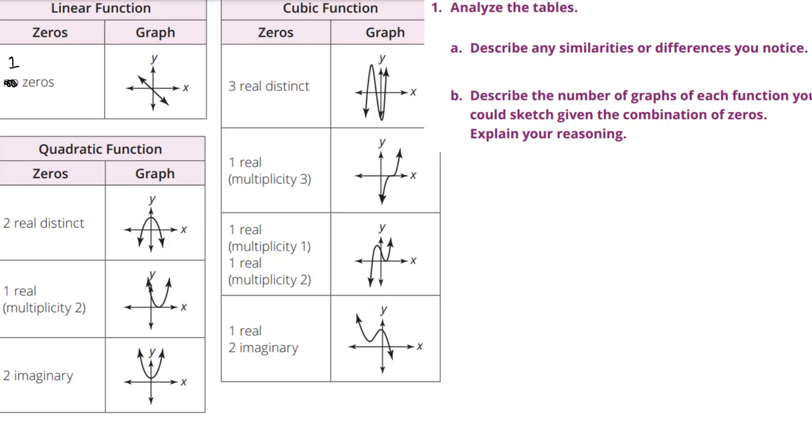So like for linear, another graph I could have drawn is one that slants this way. So there are other graphs that can fit these numbers of zeros, but they don't have to match.